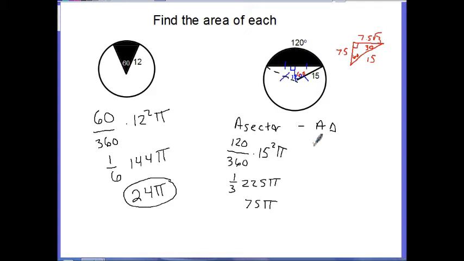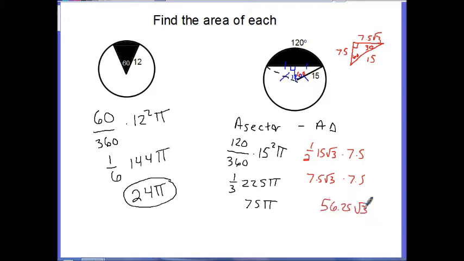Area of a triangle, 1/2 base, 15 root 3, times my height, 7.5. Half of 15 root 3 is 7.5 root 3, and 7.5 root 3 times 7.5 is going to give me 56.25 root 3.